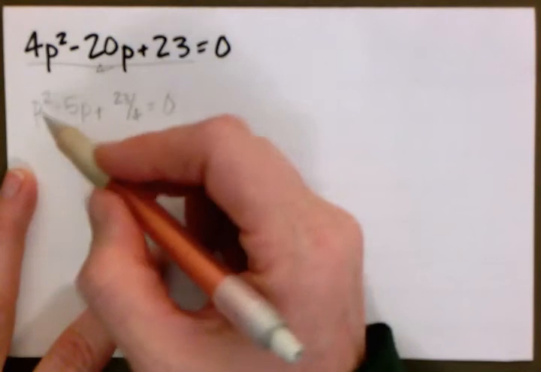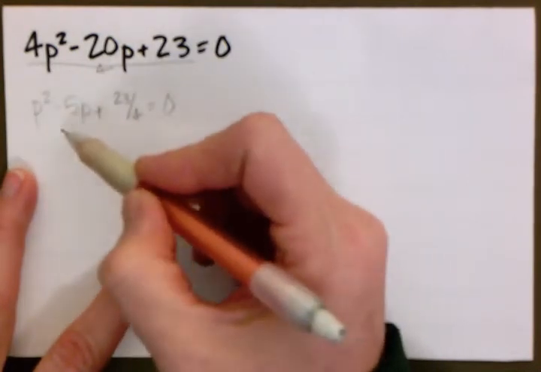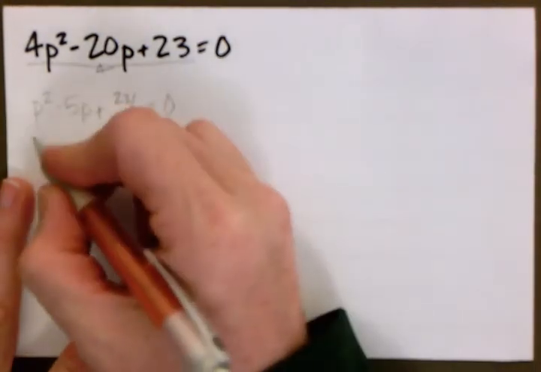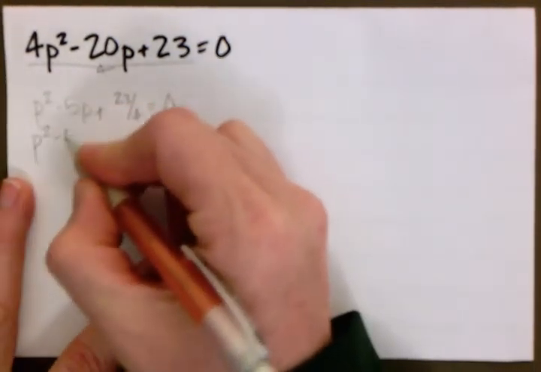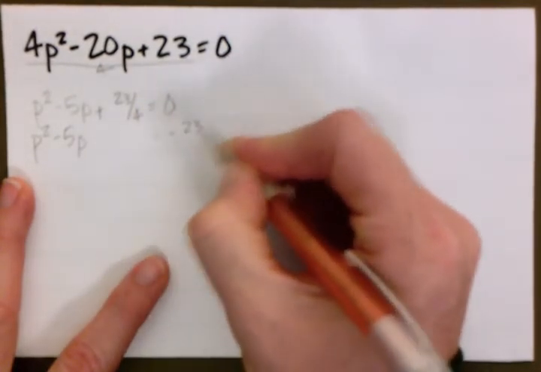Now we want to isolate the variables on one side of the equation and put all the numbers on the other side of the equation. So that leaves us with p squared minus 5p equals negative 23 over 4.